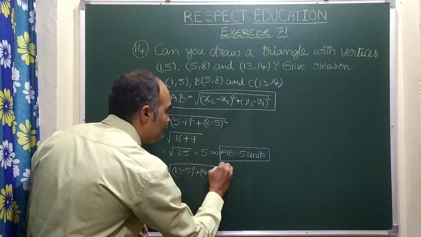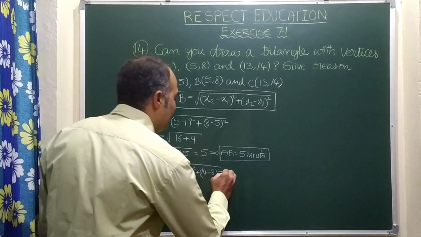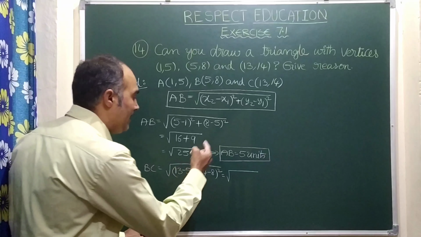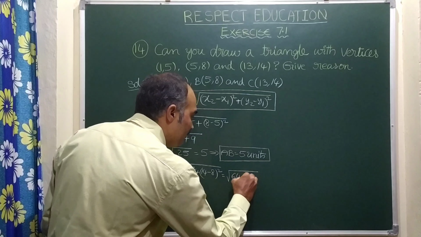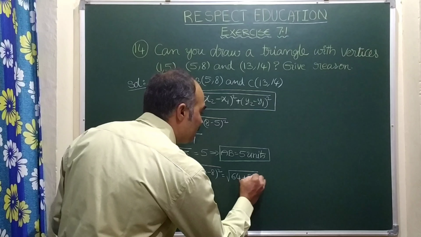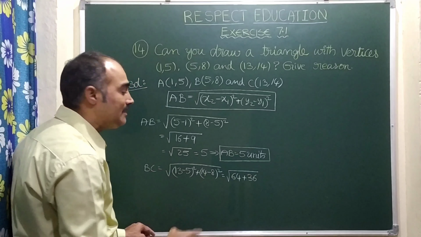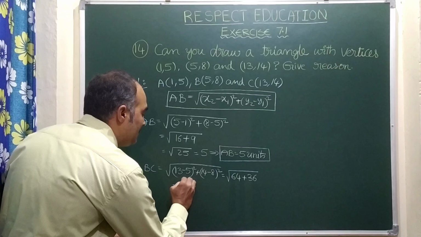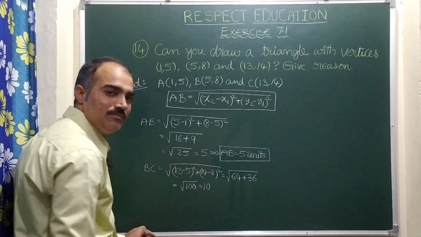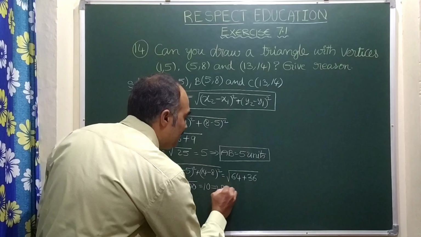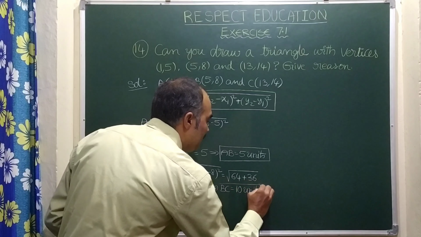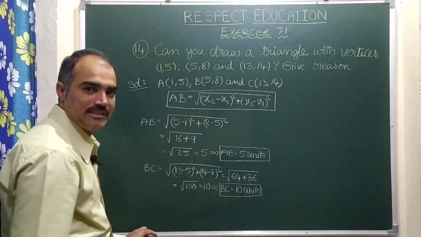On simplification we get under root, 13 minus 5 is 8, 8 square is 64, plus 14 minus 8 is 6, 6 square is 36, 64 plus 36 is 100. So here we get BC is equal to square root of 100, that is nothing but 10. So the distance between points B and C is 10 units.